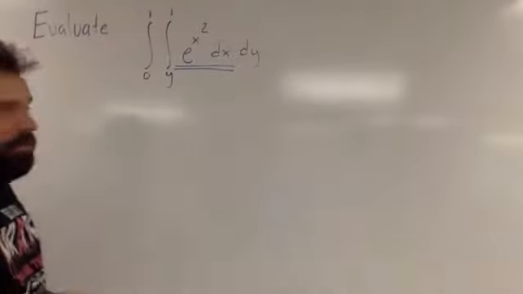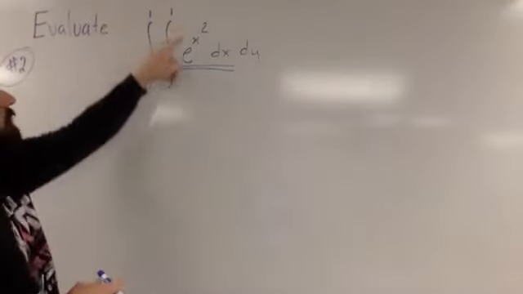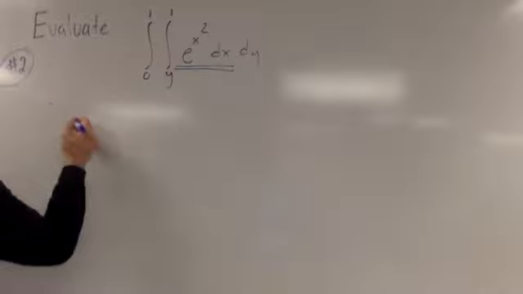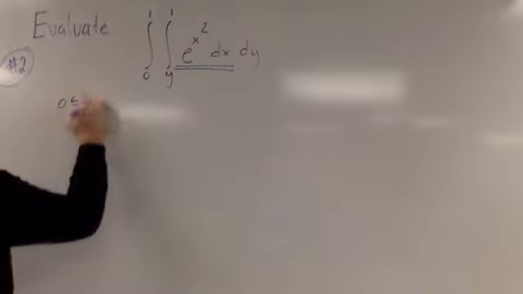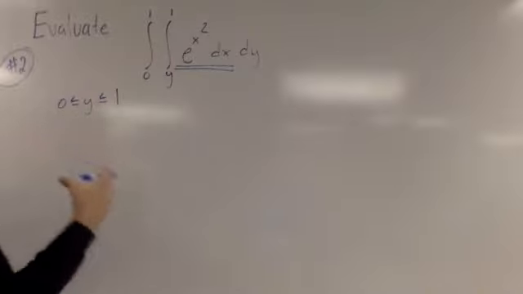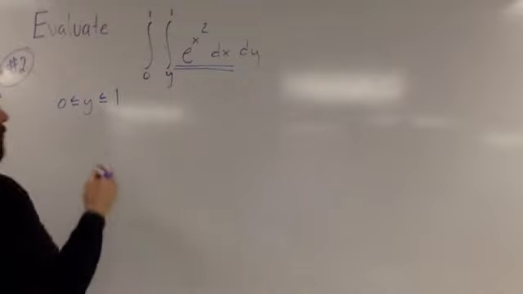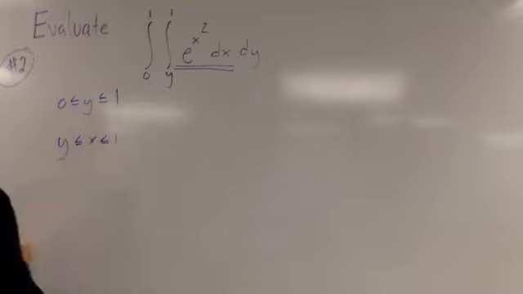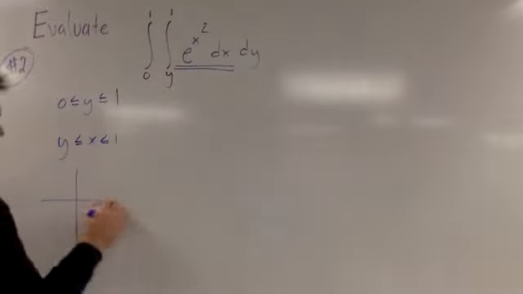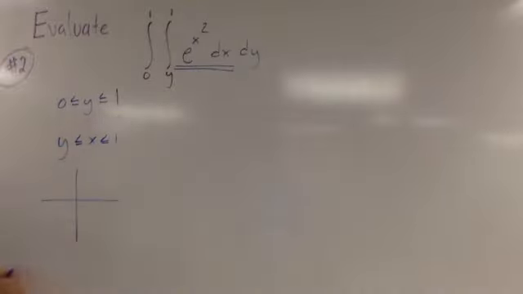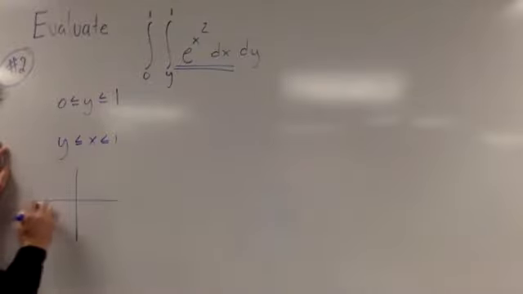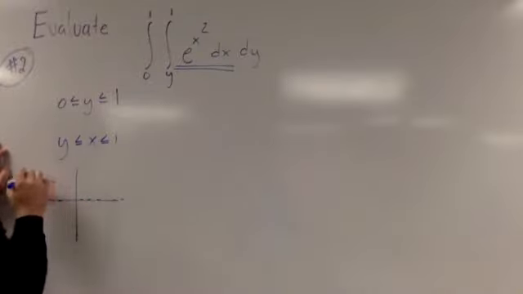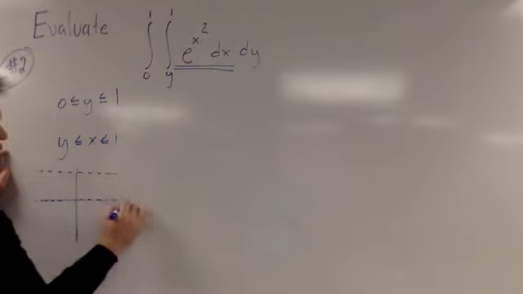So what I want to do is take this information right here and think about what that means for my domain. Where's my region that I'm trying to integrate over? So that means y, my y values, are going from here to here.